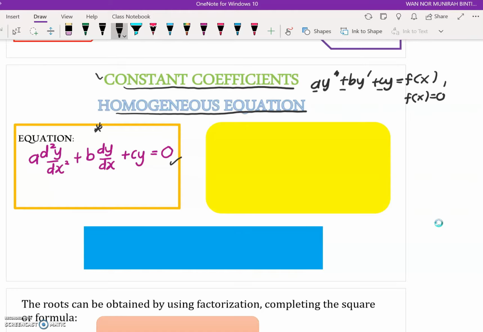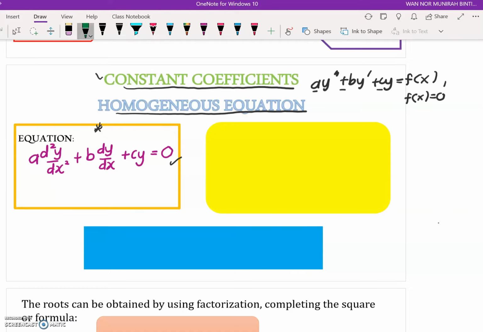Before we go to the solution of the second order linear differential equation with constant coefficient and homogeneous equation, let's try to prove how we get the solution. In order to get the solution, if you still remember during our secondary school, we have learned how to find the roots of a quadratic equation.